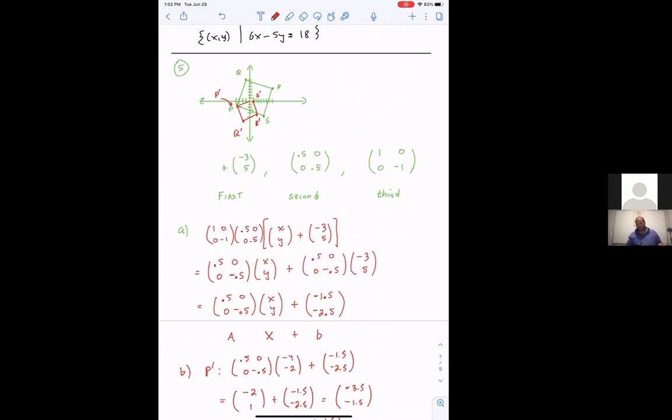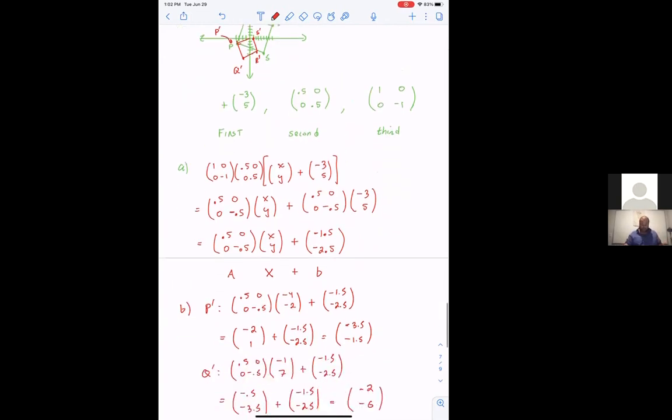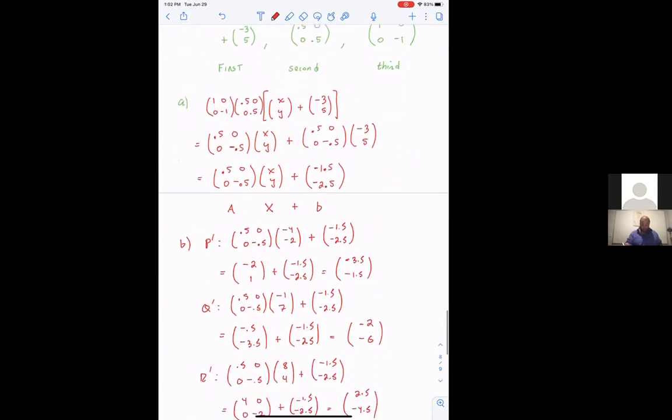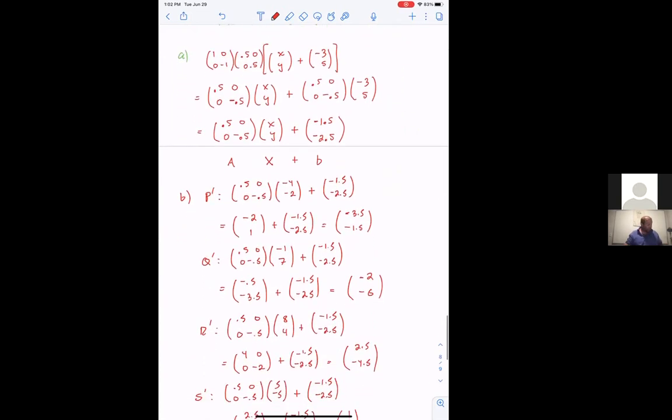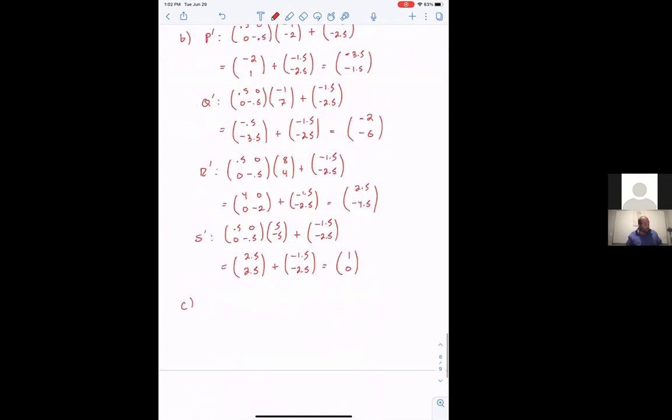Okay, and within the limits of my artistic abilities, not half bad. So then it says for part C, determine the area. Well, we know that the area of P'Q'R'S' is some constant times the area of PQRS.